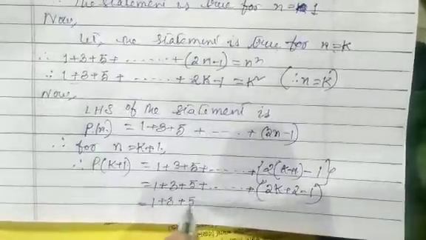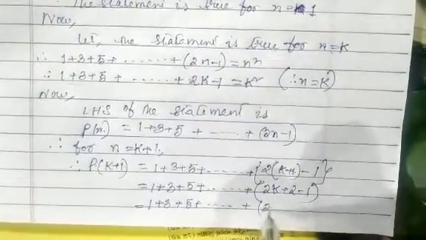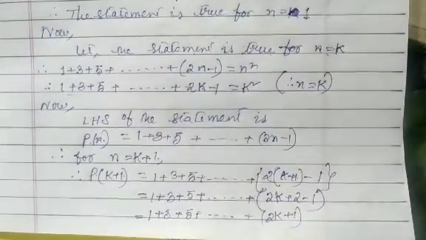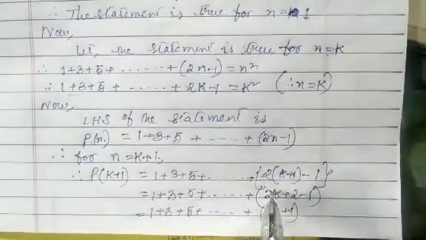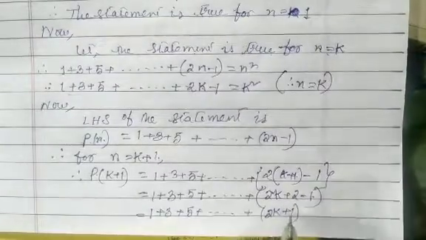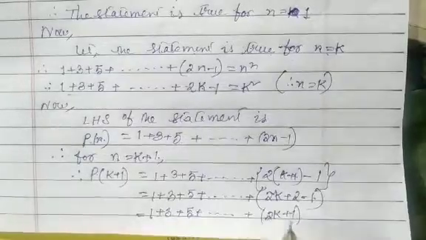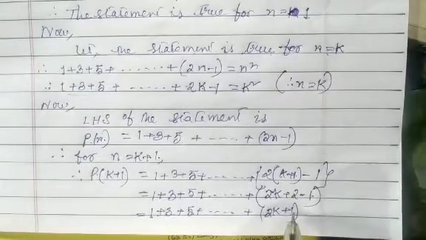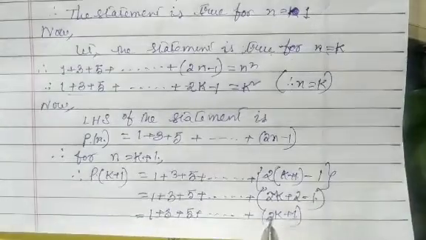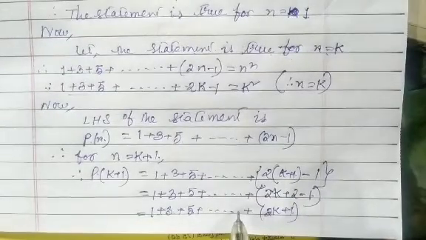Next, 1 plus 3 plus 5 plus dot dot dot plus 2k plus 1. Okay students, now you can see twice k, 2 minus 1 is 1. Now you can see 1, 3, 5, these are all odd numbers, and this one is also an odd number. Before 5 the odd number is 3, so before 2k plus 1, what will be the odd number?